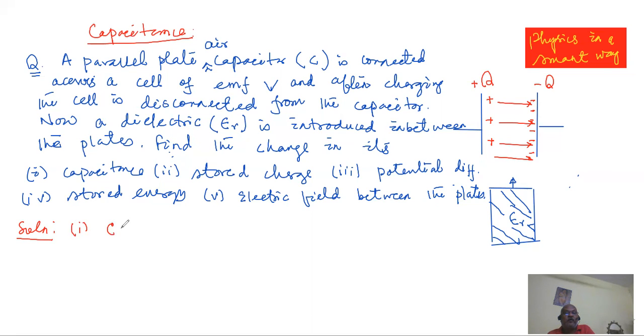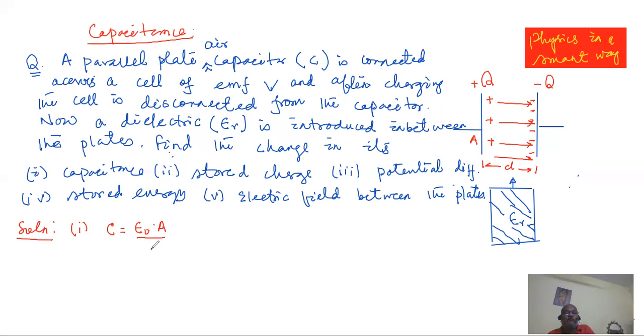So we go to the first bit, capacitance. Initially it was an air capacitor, so the initial capacitance C, if the area of the plate is A and the distance between the plates is d, will be epsilon 0 into A by d.